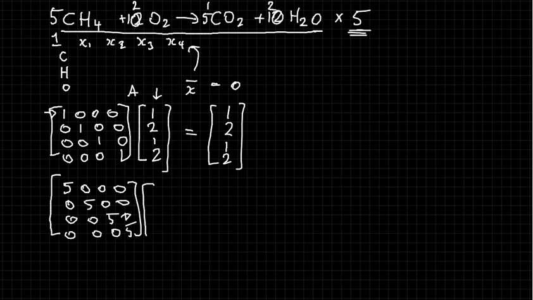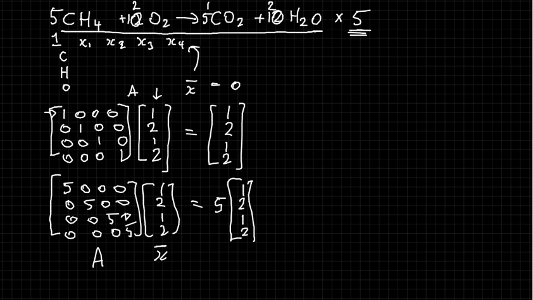And now if we multiply each of these values out, what we'll find is that we have the same vector that comes out multiplied by a factor of 5. So this is how I want to introduce the equations, where we have a matrix over here, it operates on a vector here, and it ends up giving a number here times the same vector out.